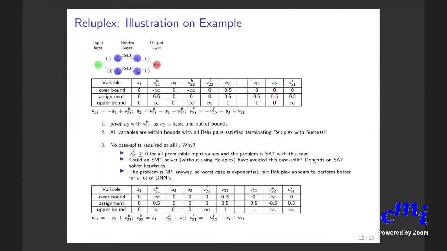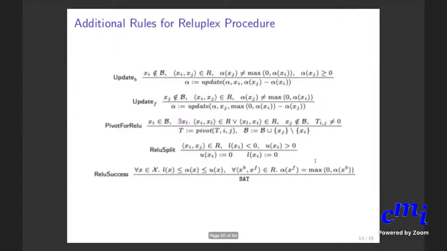And this paper also has a section on experimental results where they show that on a significant case study, the Reluplex algorithm works better.